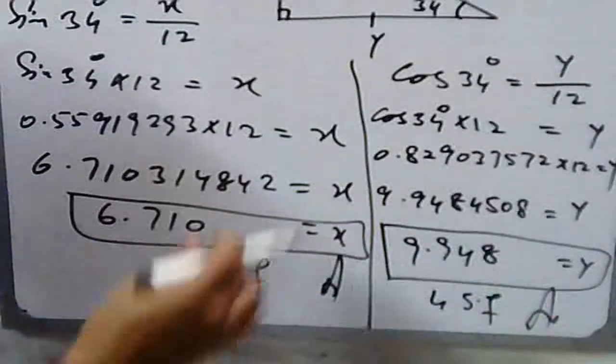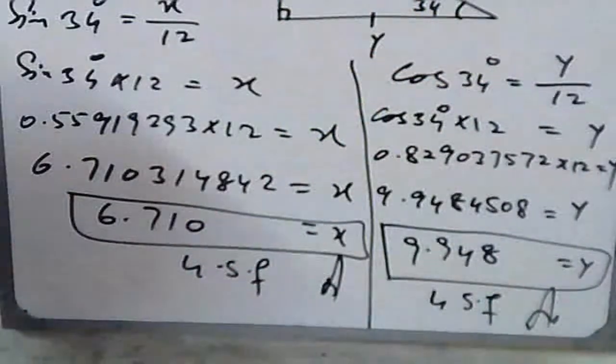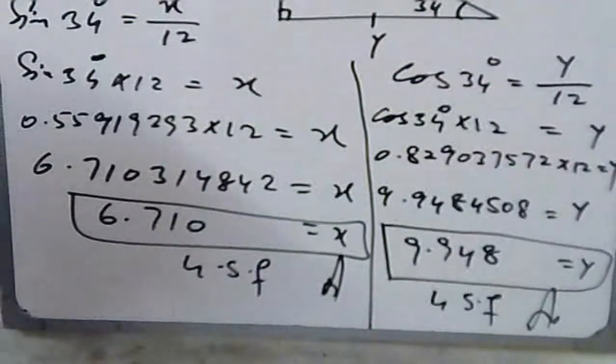So in this way we can find the value of the unknown sides, x and y, by taking the ratio between the given figures.